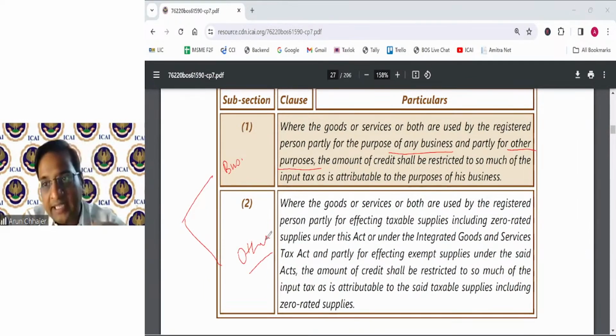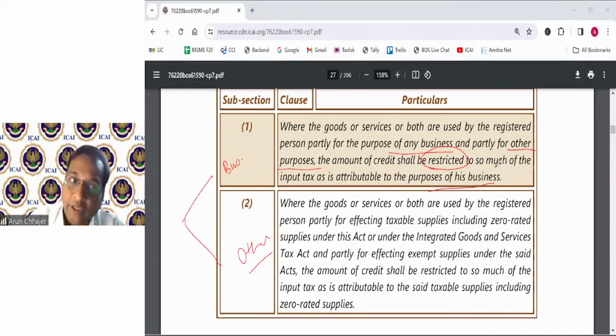If this is the case, we would be allowed to take the ITC which is restricted for the purpose of the business. Now, how to calculate the ITC which is used for the business and the ITC which is used for other purpose? For that, we are going to discuss two rules, Rule 42 and Rule 43.